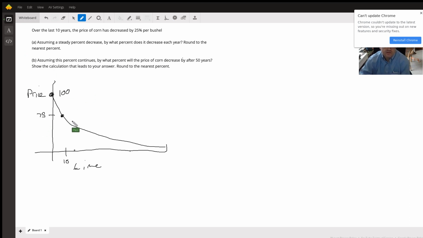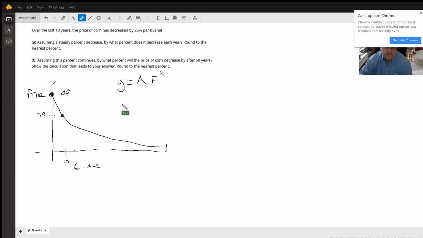Okay, and now this is an exponential decay problem. The equation for that is y equals some initial value times the growth factor or decay factor raised to the time.